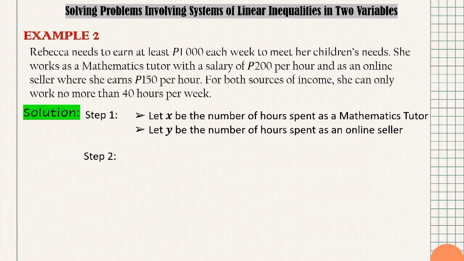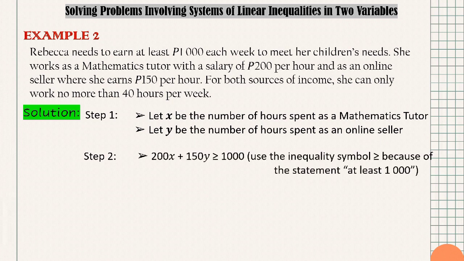Rebecca also needs to earn at least 1,000 pesos each week. So the mathematical representation is 200x plus 150y is greater than or equal to 1,000. In the problem, Rebecca can only work no more than 40 hours per week.